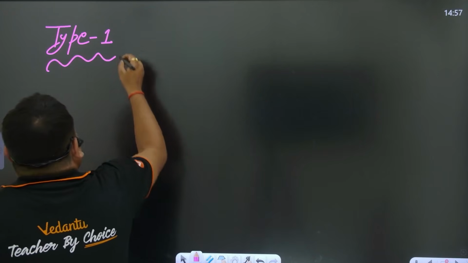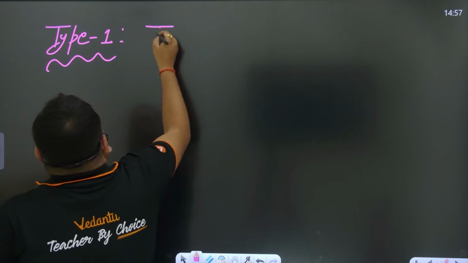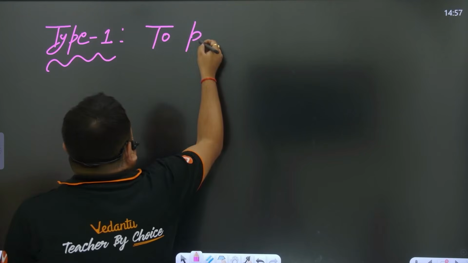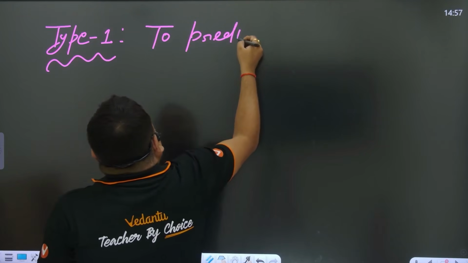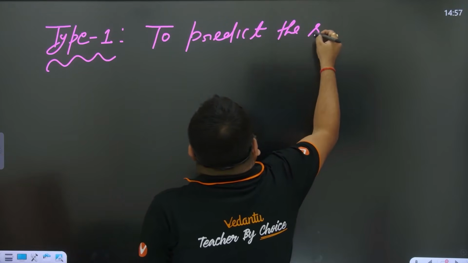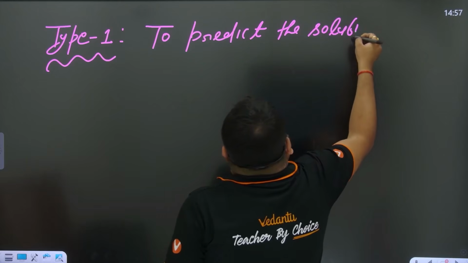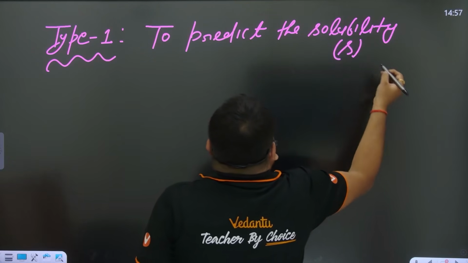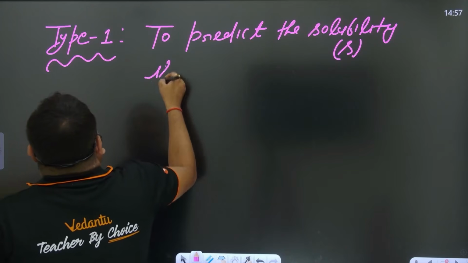So type 1 question is to predict or to calculate the solubility, which is represented by small s, if the solubility product is given.